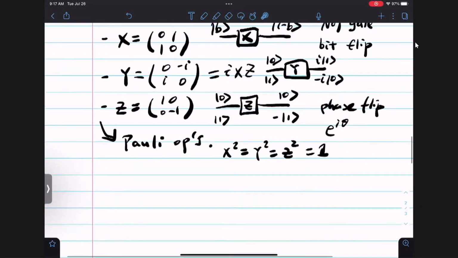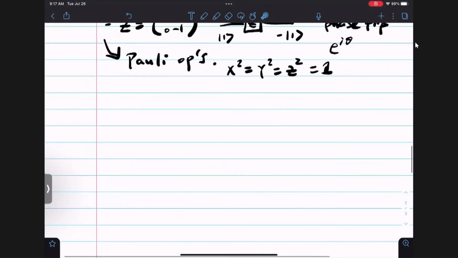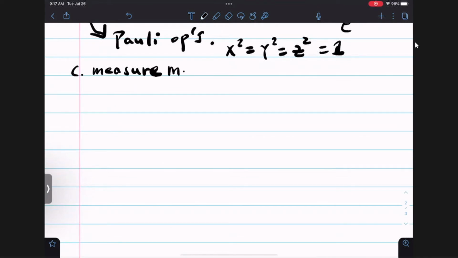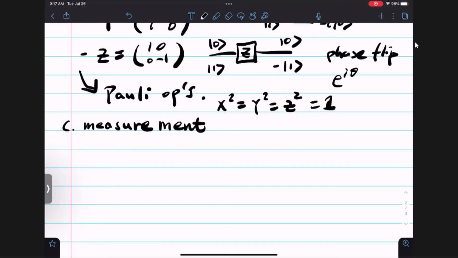So the unitary operators are what we can apply to a qubit, but eventually, we probably want to read out some information that might be useful to us. So that takes us to a special operation in quantum mechanics, which is called measurement.